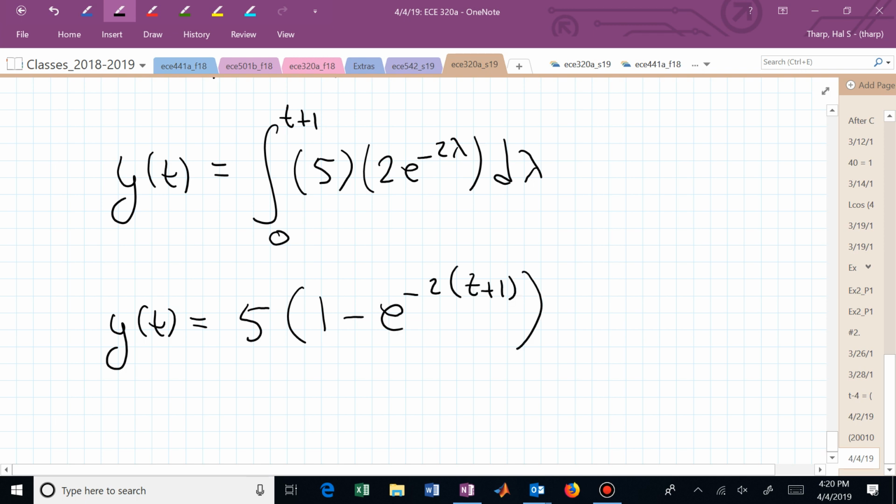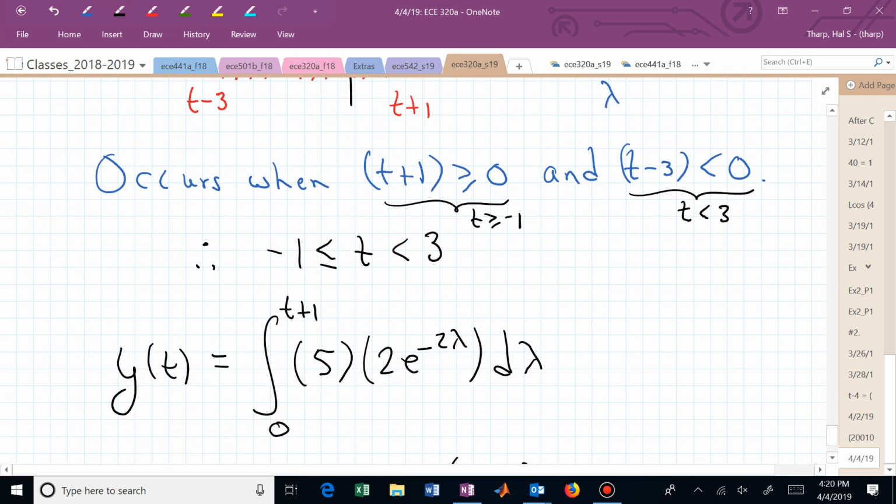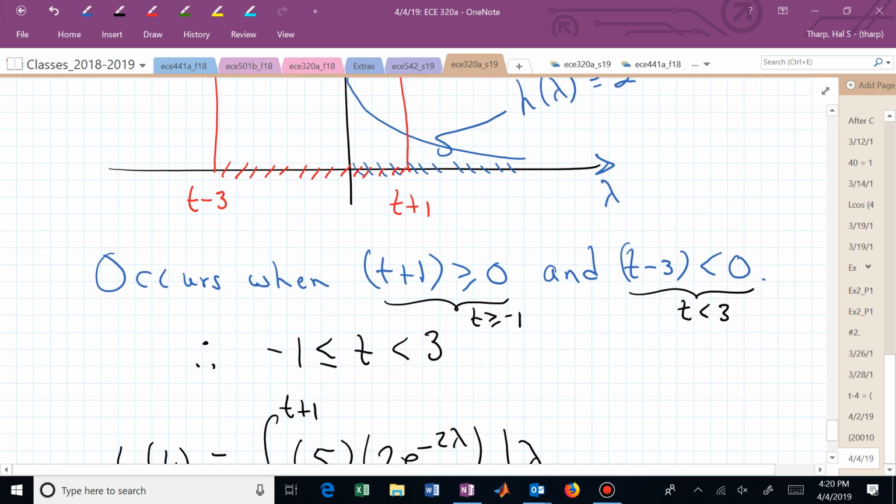And when is that functional form for the output true? Is that from 0 to t plus 1? When does it occur? It occurs from -1 to 3, doesn't it? So this y of t that we just computed is valid over this time interval.